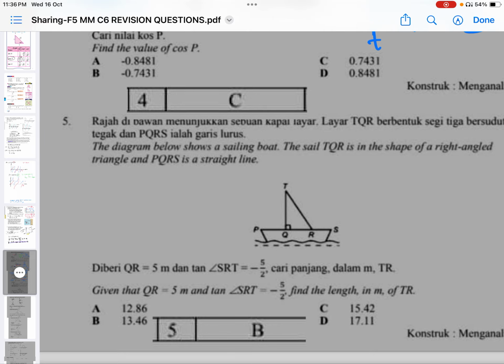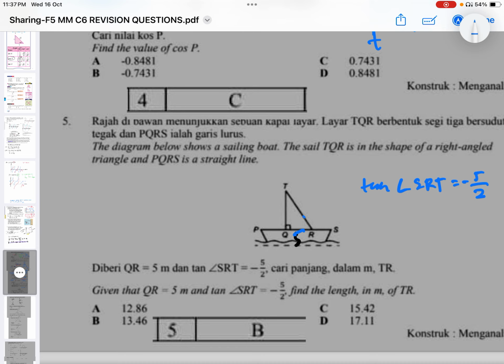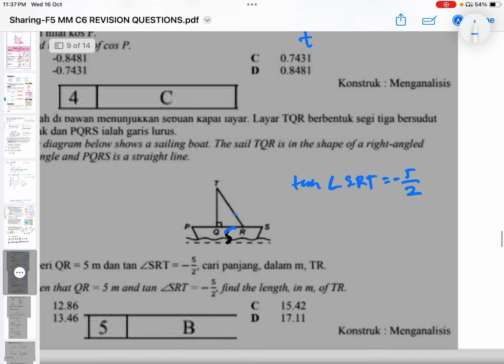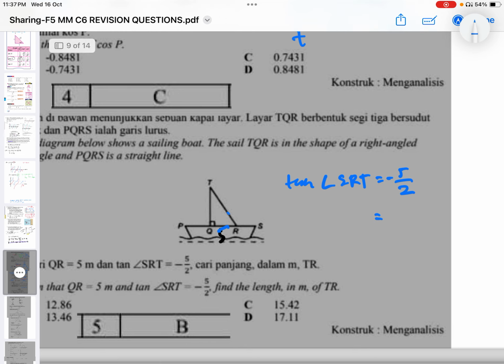So QR is equals to 5, and tangent SRT is going to be negative 5 over 2. Okay. So kalau kita tengok opposite over adjacent, opposite is going to be negative.